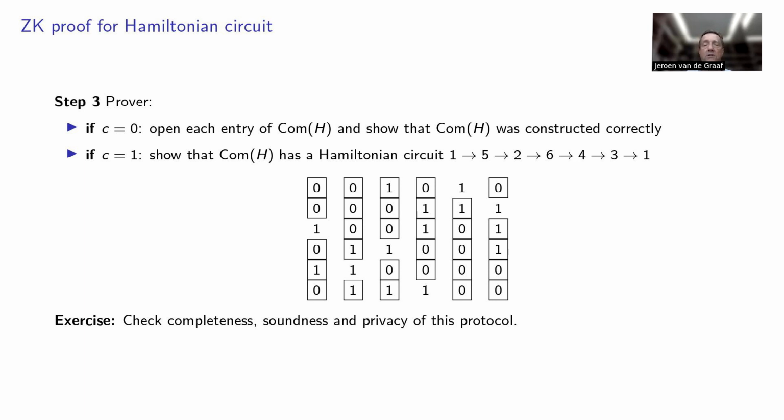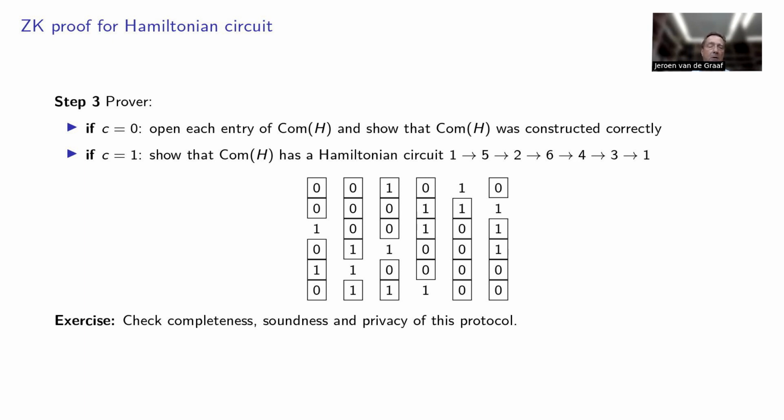So in this case, there's a circuit from 1 to 5, from 5 to 2, from 2 to 6, from 6 to 4, from 4 to 3, and from 3 to 1. So by showing these ones, and there's a 1 in each row and each column exactly, this shows exactly that there is a Hamiltonian circuit in the graph.